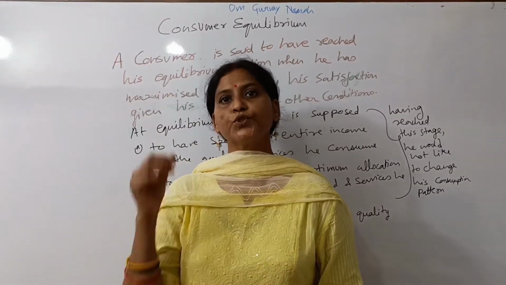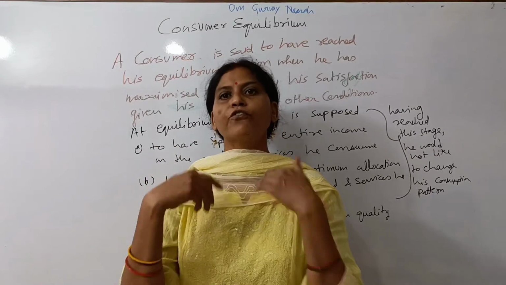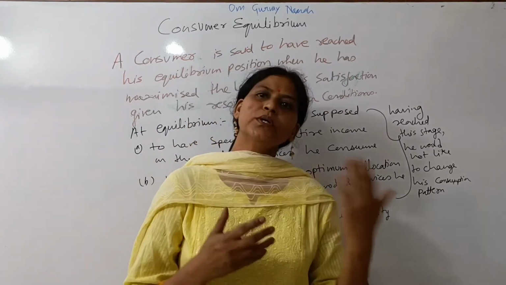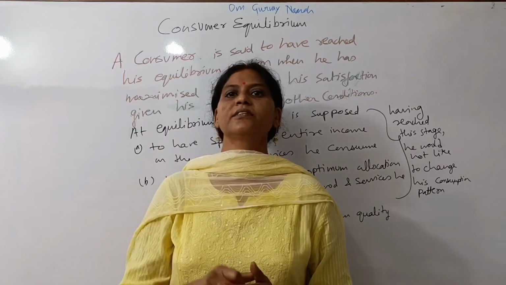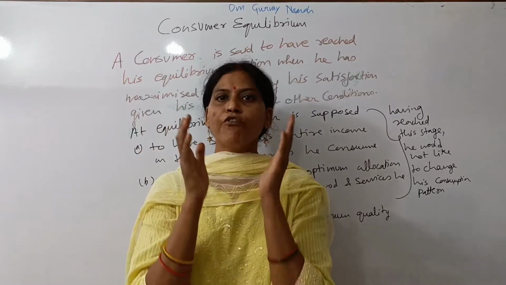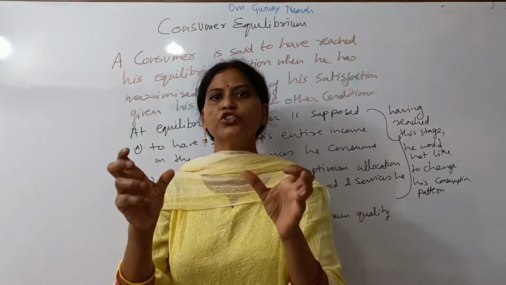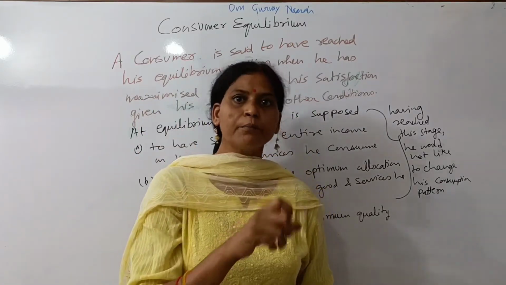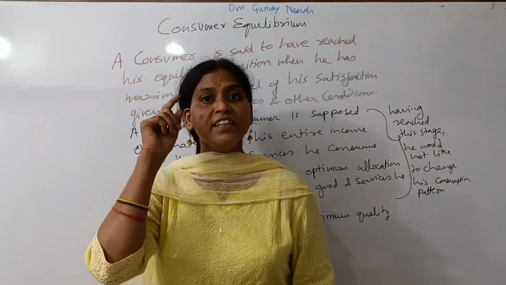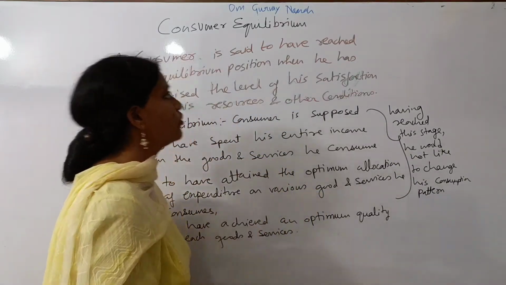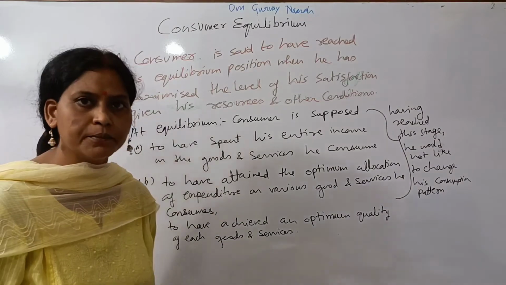He continues to switch his expenditure from one commodity to another till he reaches a stage where the marginal utility of each commodity is the same per unit of expenditure, and this is the stage of consumer equilibrium.